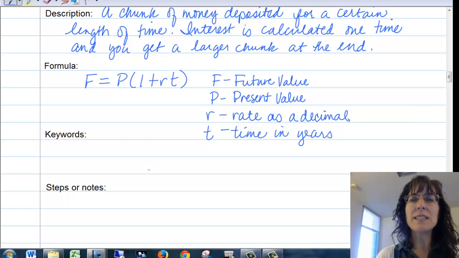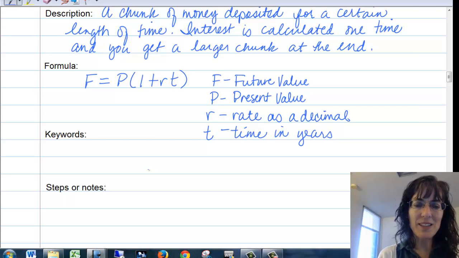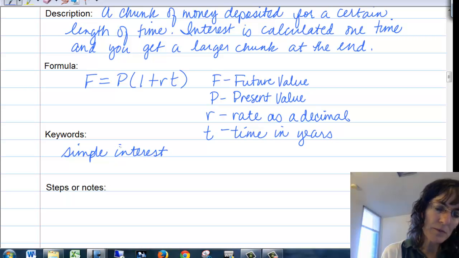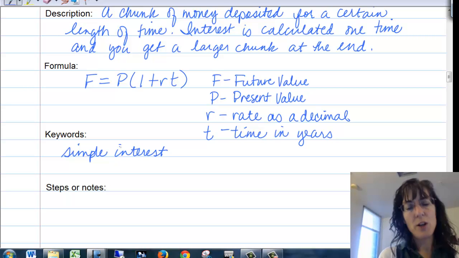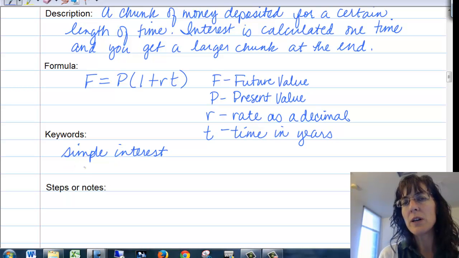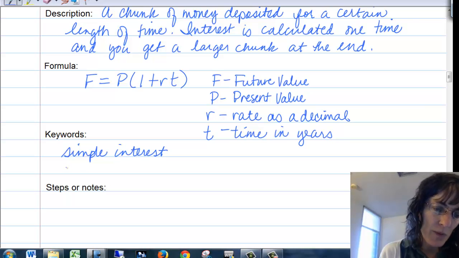Keywords that are going to tell you that you need to use this formula and not one of the other formulas: you might see words like simple interest. I wouldn't count on these to tell you what kind of interest, but you might see something like a savings bond, which is generally using simple interest.